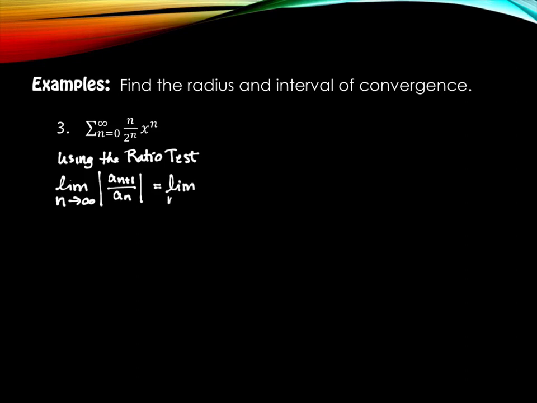So this is the limit as n goes to infinity of n plus 1 times x to the n plus 1 over 2 to the n plus 1. And then this would be over the same thing that I've got in my original piece. So instead of writing it as division, I'm going to write it as multiplying by the reciprocal. So it would end up with times 2 to the n over n x to the n.